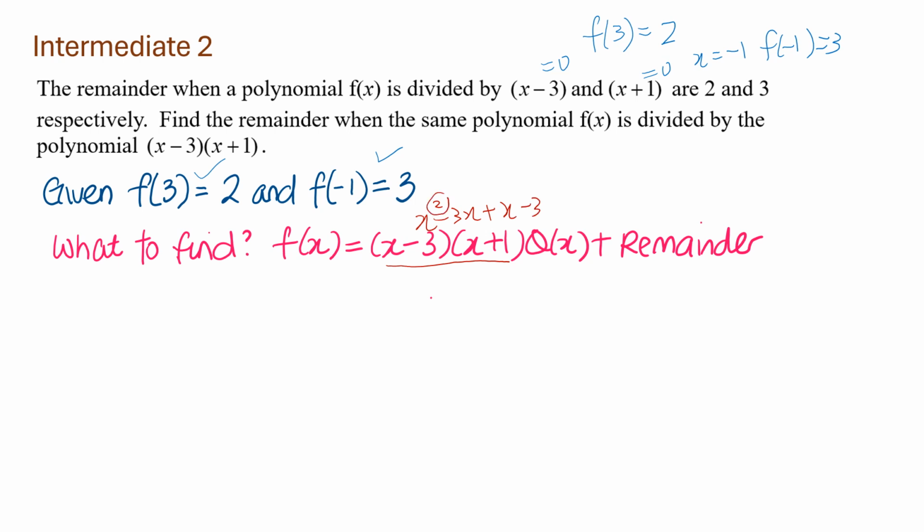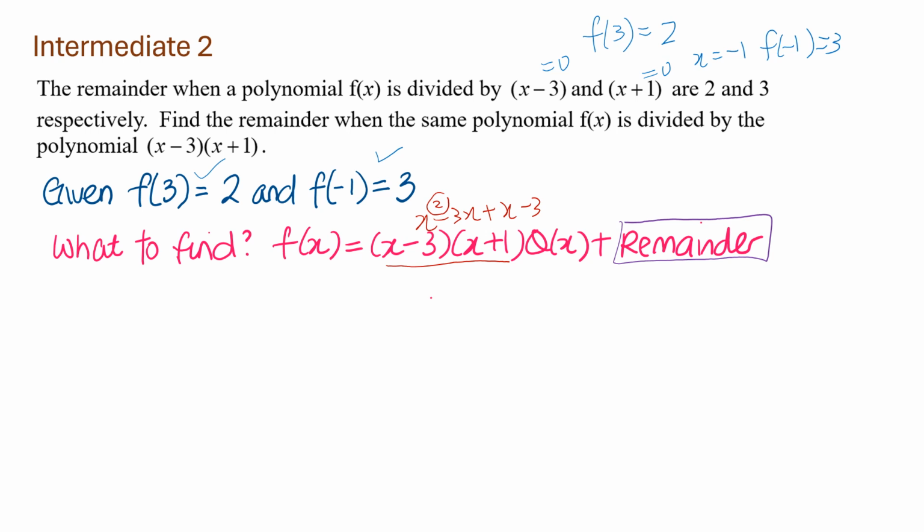So this divisor is actually a quadratic polynomial of degree 2. If multiplied with the quotient, you will get the remainder. So what we need to find is the value of this remainder. This is what the question is asking.